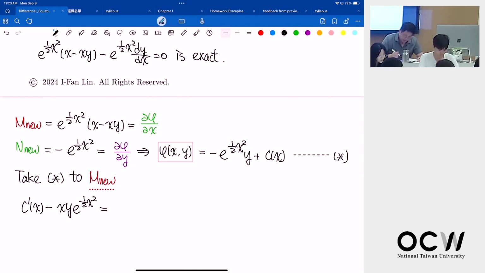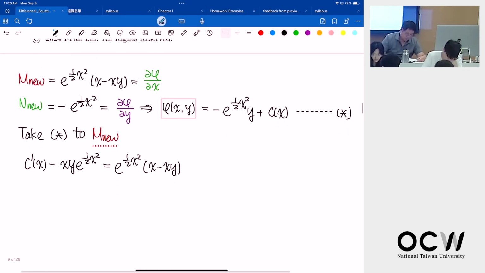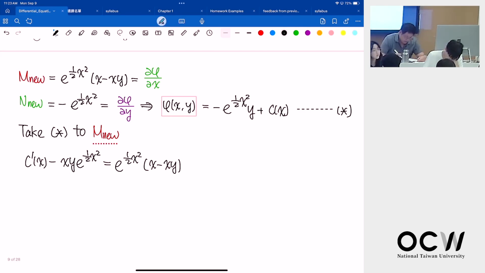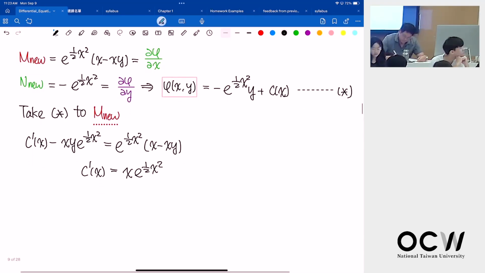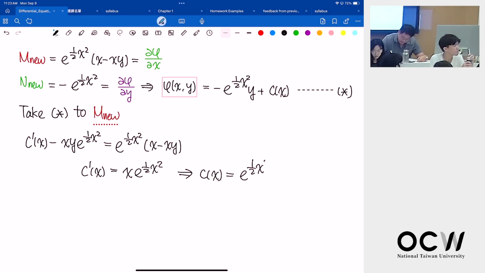And your m new is e to the 1/2 times x squared times x minus xy. So you compare the right hand side and the left hand side, you have c prime, that's x times e to the 1/2 times x squared. So your c function of x is e to the 1/2 times x squared.